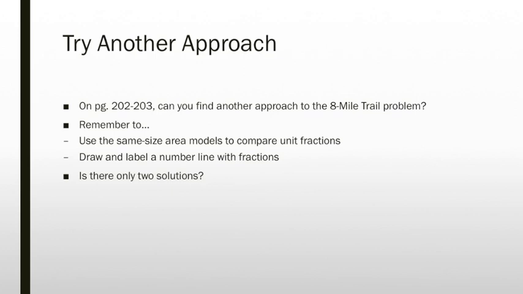And you want to draw and label a number line with fractions. And remember, those fractions are going to need to be greater than 1/8 but less than 1/2. And once you've completed this task, I want you to think to yourself, are there only 2 solutions that work? Is there just your solution and Geo's solution? Or are there other ways that you could solve this problem as well?